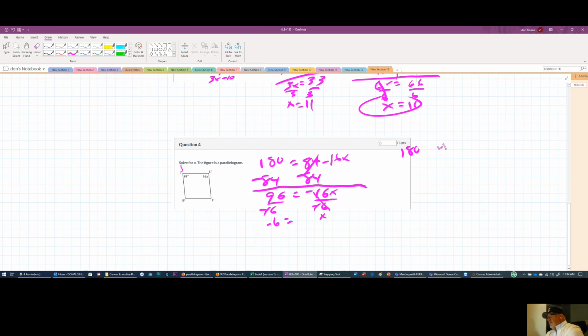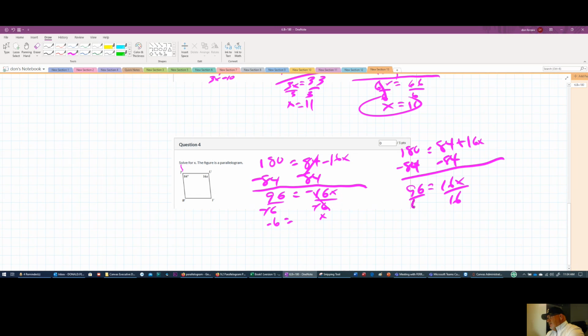We've got 180 equals 84 plus 16x, right? Now we're going to subtract 84. I subtract 84 here, okay? And that is 96 equals 16x, not negative 16x.